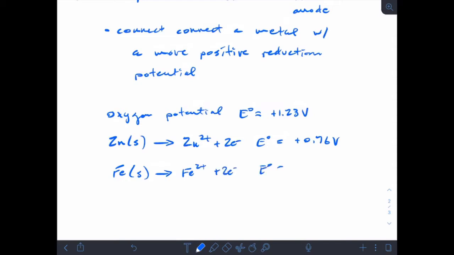Its E0 was plus 0.44 volts. So you can think of electrons kind of traveling down the table. If oxygen is going to be the one reduced, the next closest thing down on the table is the thing that will be oxidized.